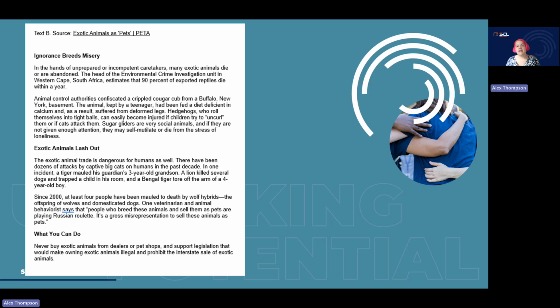Then I would move on to the next article, see if I can find a language feature, pull it out, and then say, right, this article is less biased because it has points of view from multiple people. And then I would find a language feature and say, okay, so this is a positive and this is a negative, showing that it's more balanced.